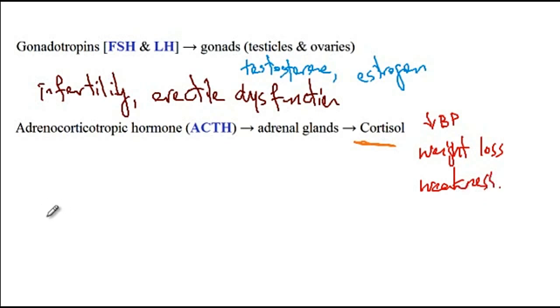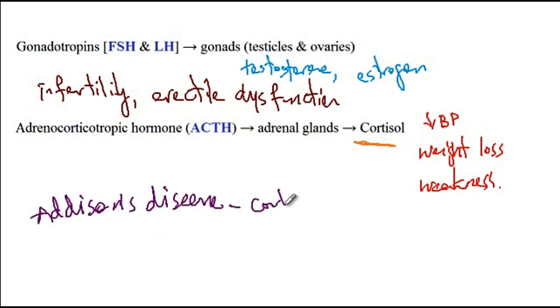So you know how there is also this disorder called Addison's disease, where there is a primary adrenocortical insufficiency because the adrenal glands are not able to produce the cortisol hormone. These patients also present with weight loss and low blood pressure.